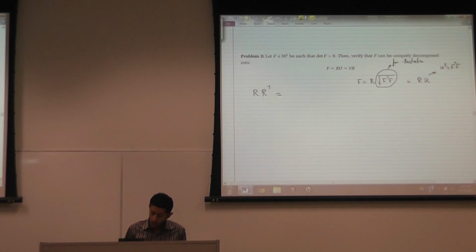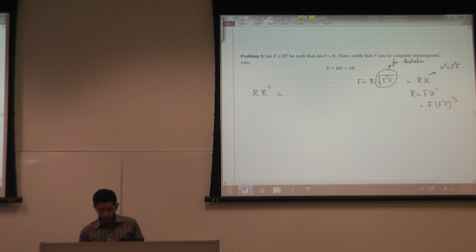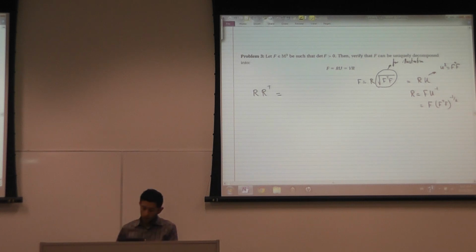R is equal to F U minus 1, which is F transpose F to the power minus half. So R is equal to F U minus 1.